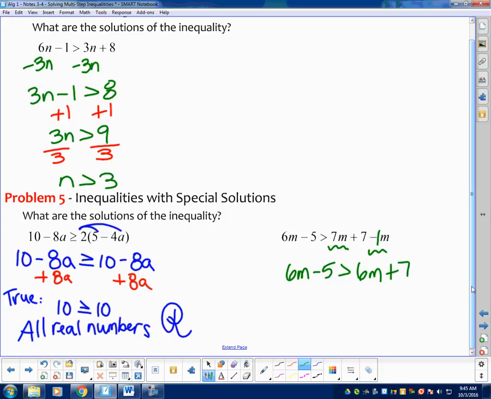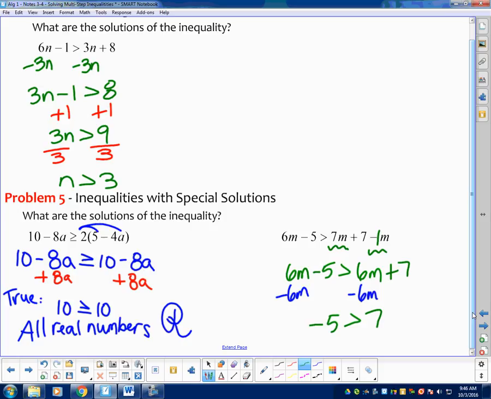If I get rid of my 6m, but something different happens on this one. So my m's are gone, right? They dropped out. Now I have negative 5 left on this side and a 7 left on this side.